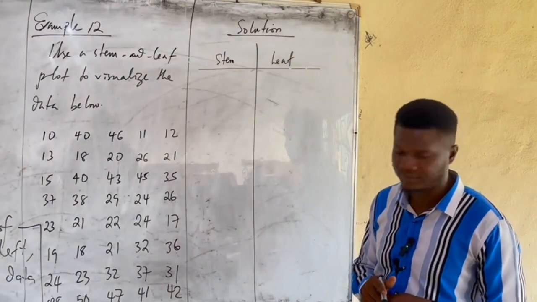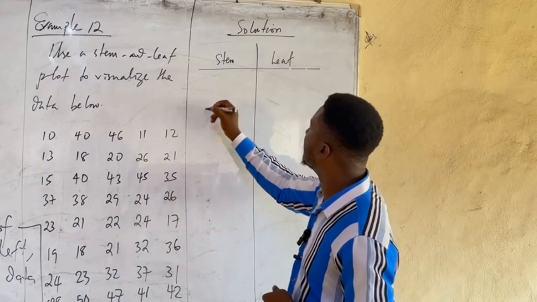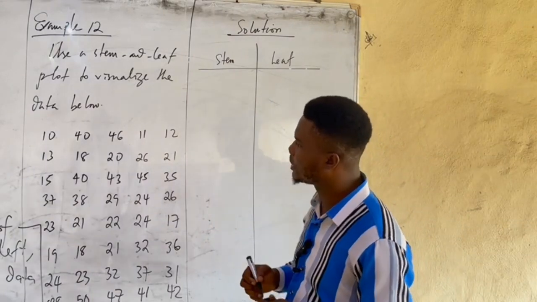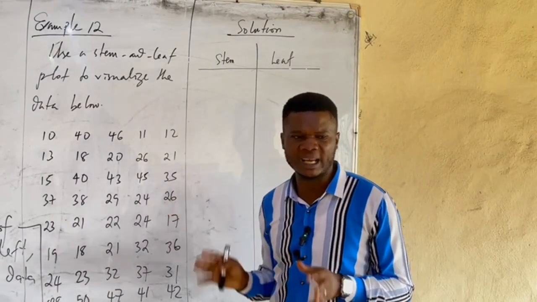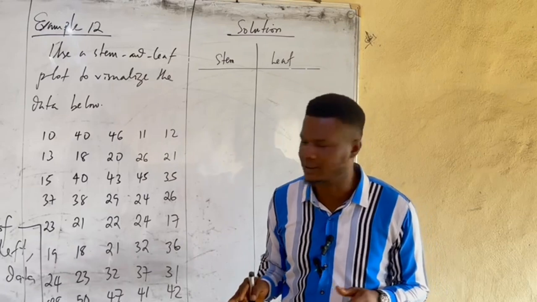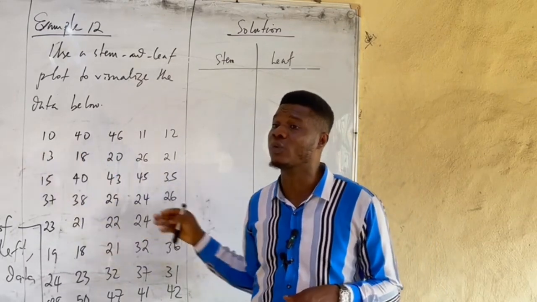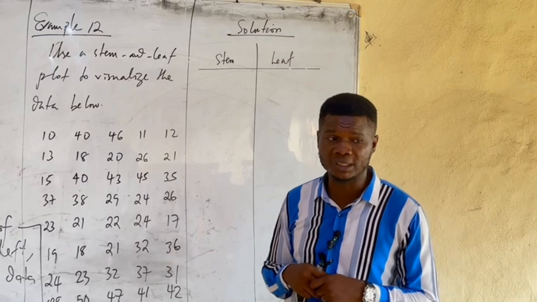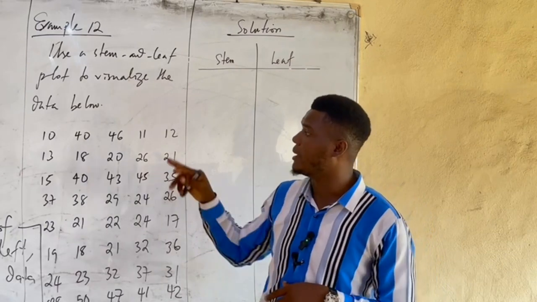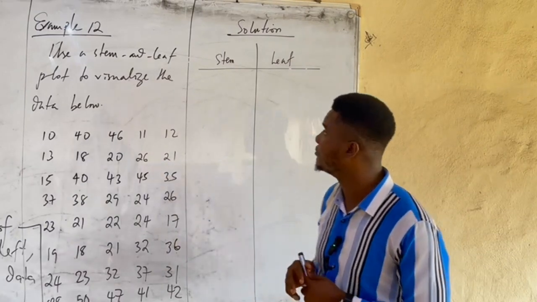Is it clear? Now, the next thing you could do is look at the data very well because it is very important. You will notice that the smallest value in my data runs from 10 to 50.